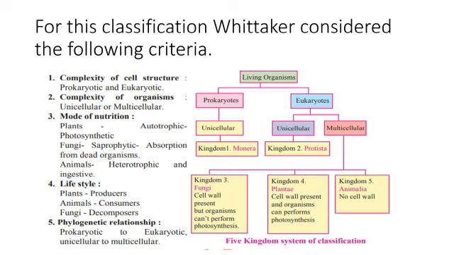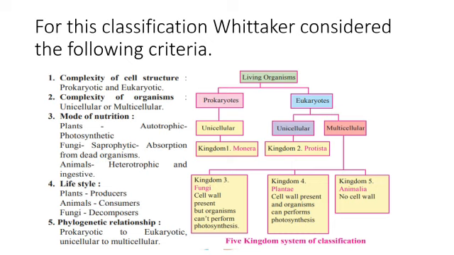Unicellular prokaryotes form kingdom Monera. Now, in eukaryotes, the unicellular is divided into kingdom Protista, and multicellular divided into 3 kingdoms, that is kingdom Fungi, kingdom Plantae, and kingdom Animalia.